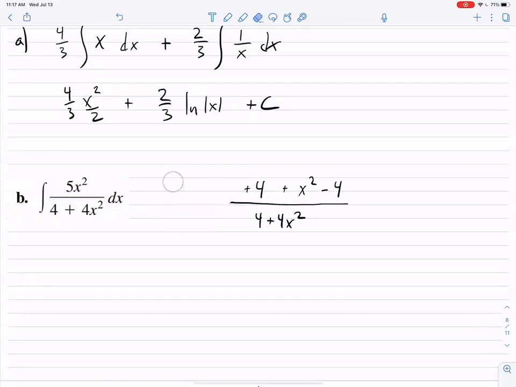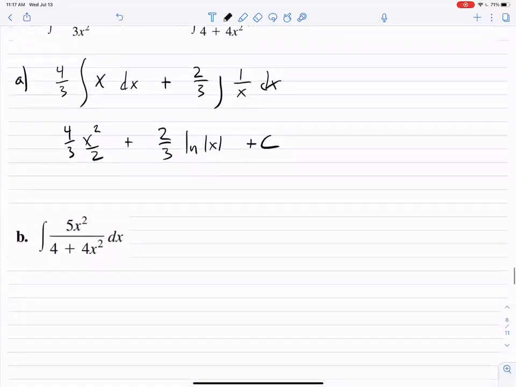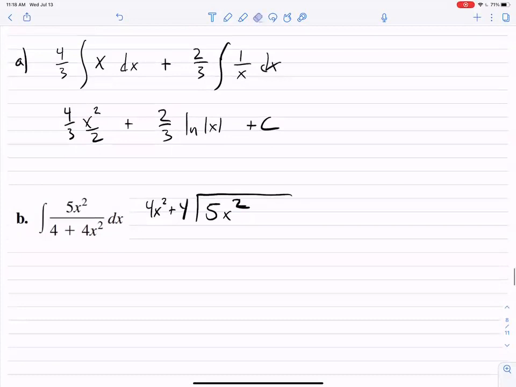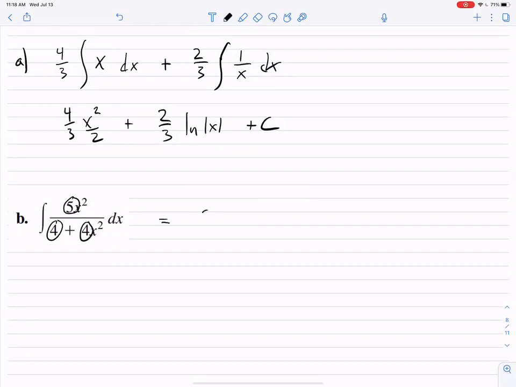So actually, I think the best thing to do is just do long division. And so let me remind you how to do long division. So I put a 5x squared here, and I want to divide by 4x squared plus 4. So what do I multiply that by? And so actually, I think the easiest thing, so I could do long division, but these numbers, those 5s and those 4s, I can pull that out. And so let me just pull that out. It'll make it look much better.